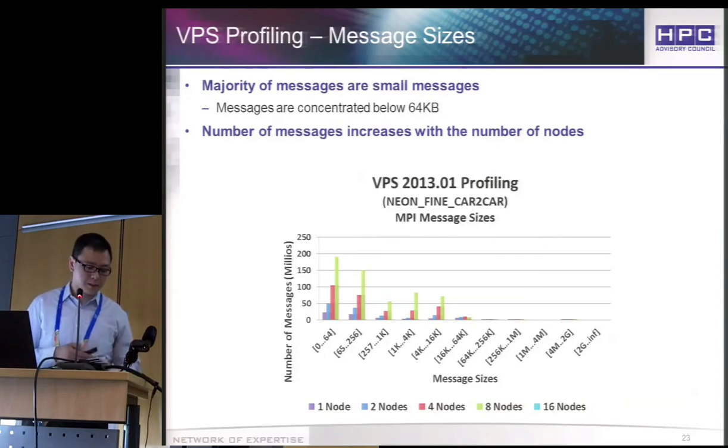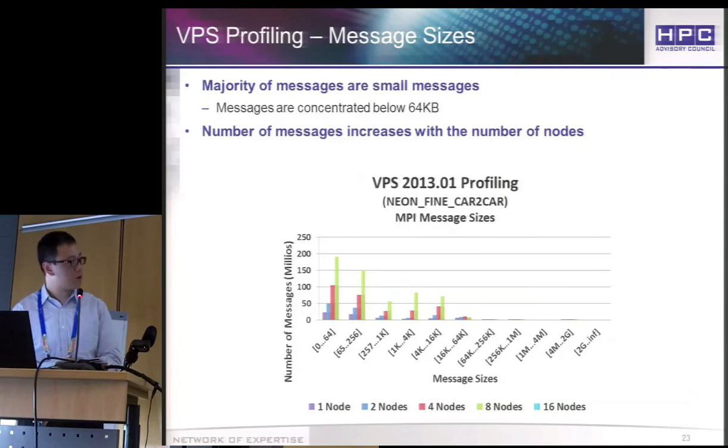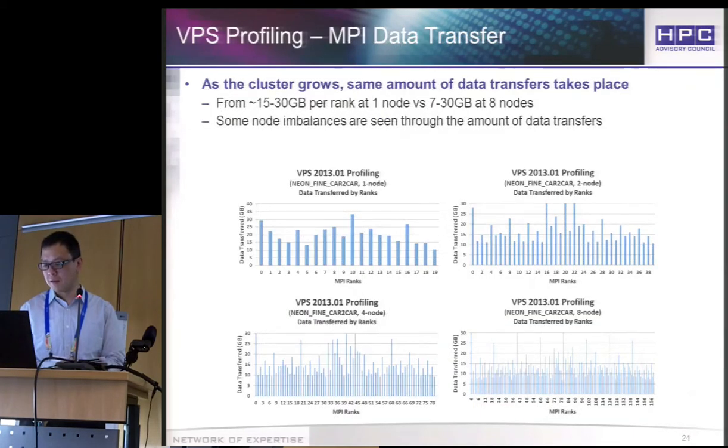Just some quick slides about additional MPI profiling. This is what we have shown earlier. With different node sizes, we see the same messages being used for different ranges. So no surprises again. This is just another representation of the previous one.